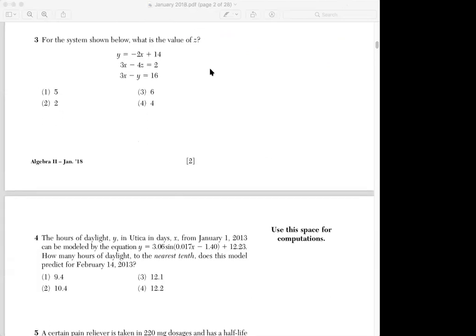Okay, 3, for the systems shown below, what is the value of z?